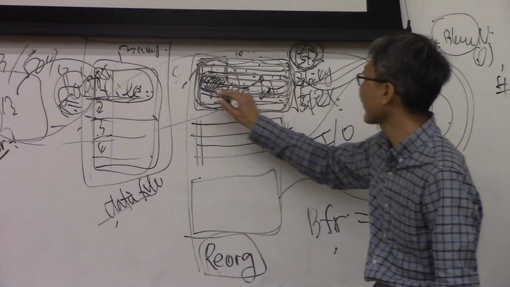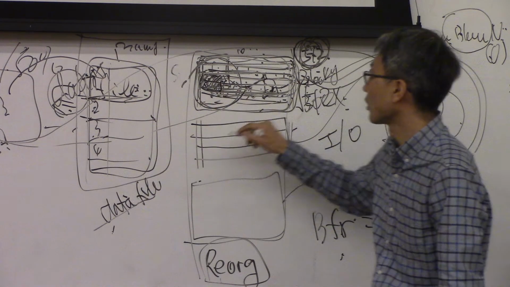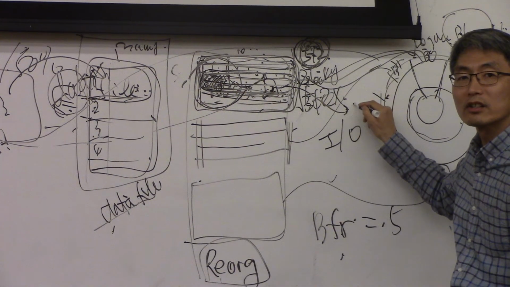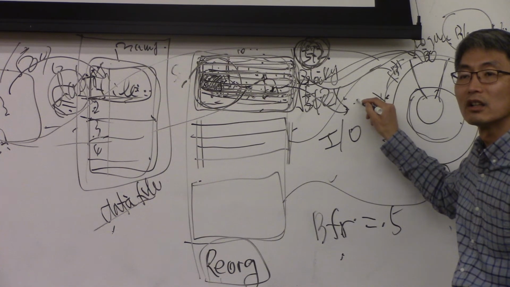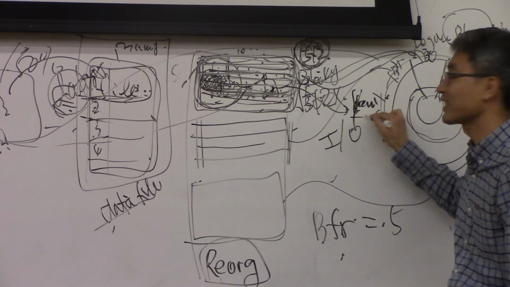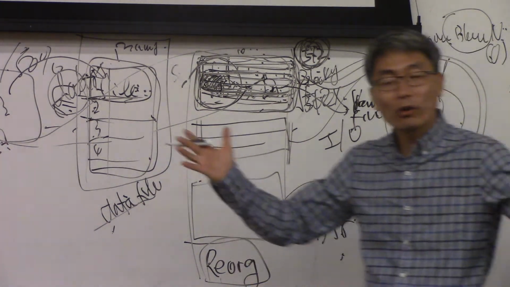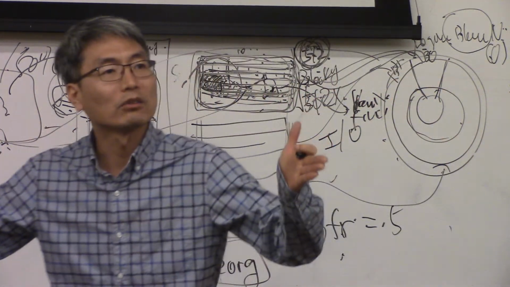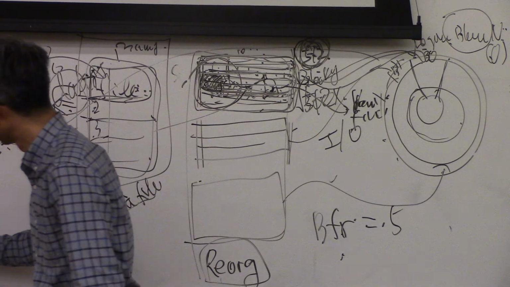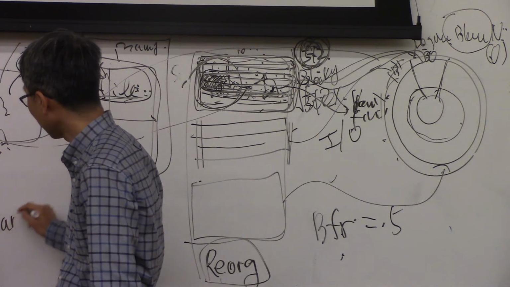Because of such a characteristic, there are two types of records: variable and fixed. Fixed record is 10 bytes no matter what. So the name is a character field of 10.